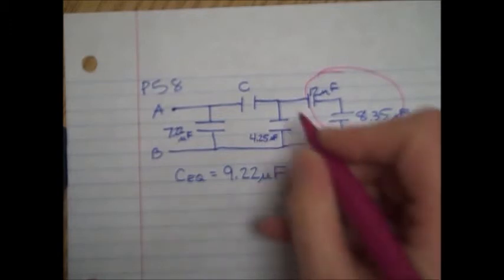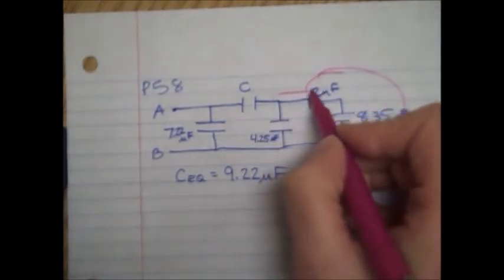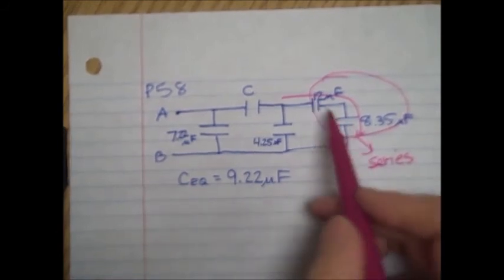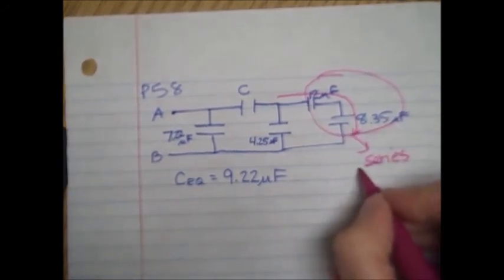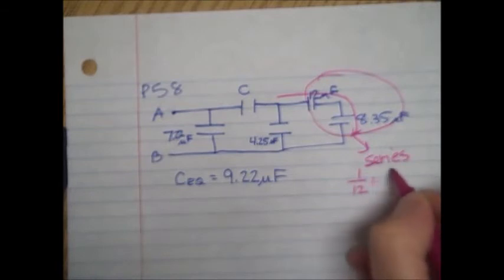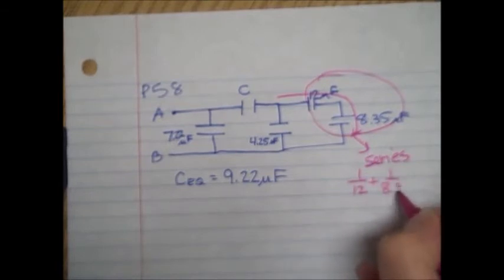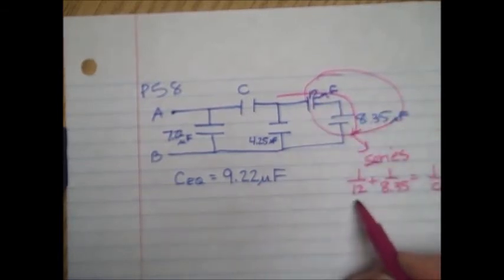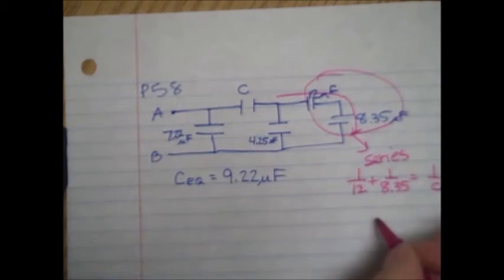They look kind of funny, but I know they're in series because an electron that went down this branch only has that branch to go through, and these have to have the same charge. So it would be 1/12 plus 1/8.35 equals 1/C equivalent for this section. And from that, I was able to find that this would have an equivalent capacitance of 4.9 microfarads.